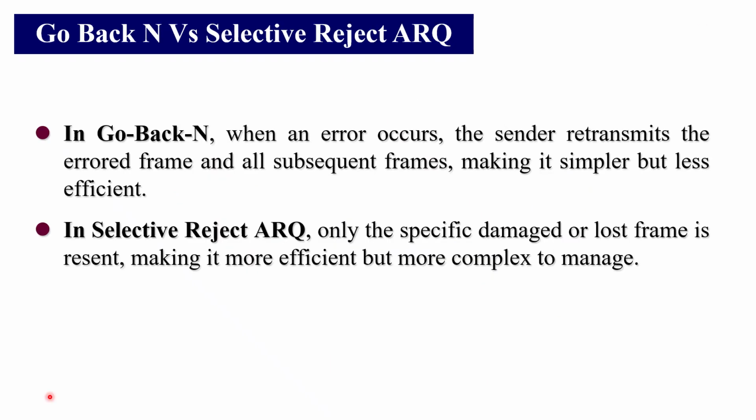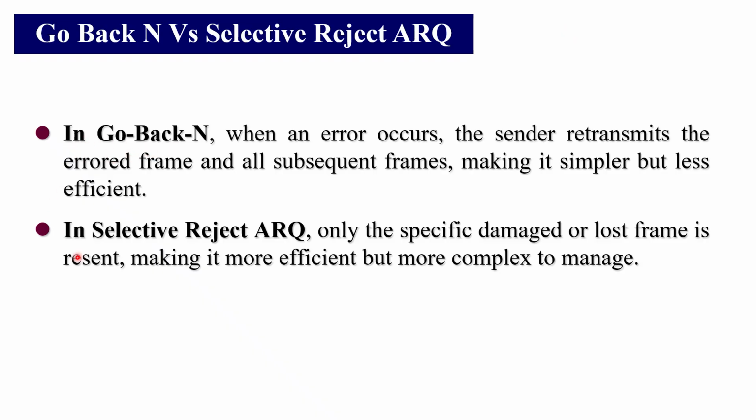Let us compare go back N ARQ and selective reject ARQ. At first glance, retransmitting only the specific damaged frame, as done in selective reject ARQ, may seem more efficient than resending all frames after an error, like in go back N ARQ.